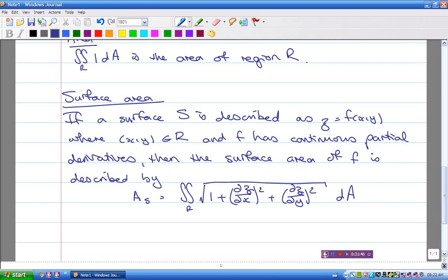But from a purely mechanistic point of view, if we want to calculate that integral, it involves two derivatives, so we have to be able to work them out. So the derivatives have to exist. Fundamentally, this process of projecting a piece of surface down onto the xy plane requires that, at the very least, my partial derivatives are continuous, if not the entire function being differentiable.